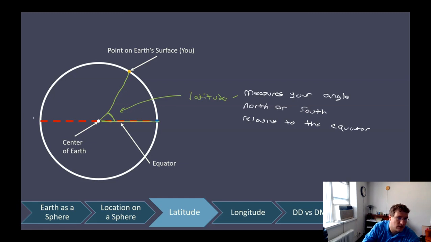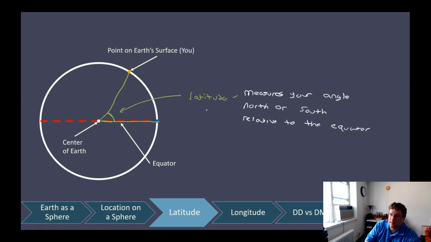Relative to this horizontal line that cuts the Earth directly in half, latitude measures your angle north or south relative to this equator. And so whenever you hear latitude, think north or south.